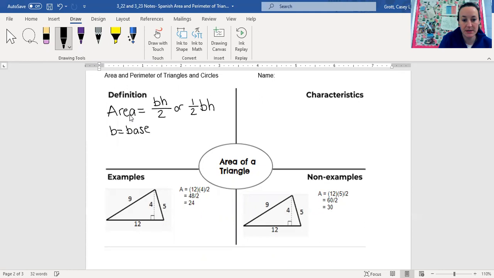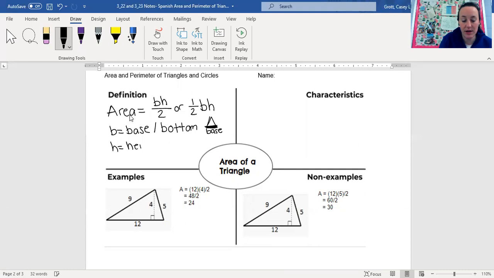B is your base, okay, or the bottom. Okay, so if you draw a triangle, this part right here, this is your base. Okay, this dark line.